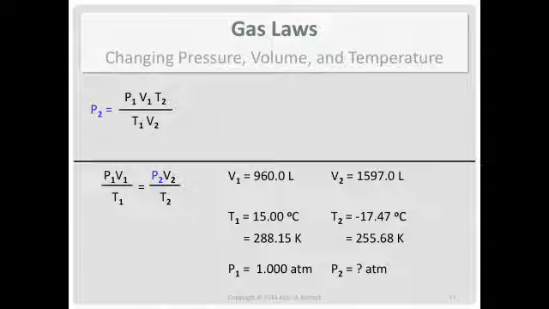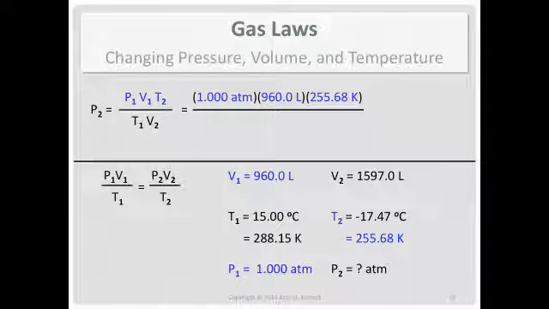I will show you at the end of this podcast how you can take the combined gas law as it is, plug in the information, but you do need to do something to show your work properly. Now, top formula. I'll plug in my P1, my V1, and my T2. I'll plug in my T1 and my V2.